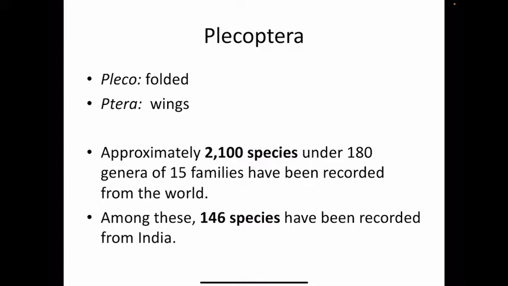In this session today, I'll be discussing Plecoptera. These Plecopteran insects are commonly called stone flies. Approximately 2,100 species have been described so far from the world, of which around 146 species have been reported or described so far from India.